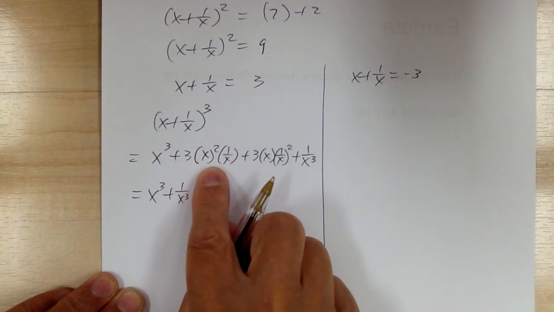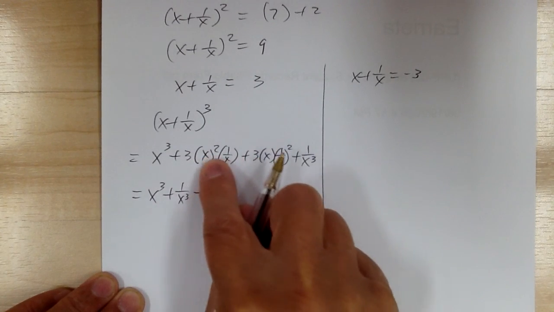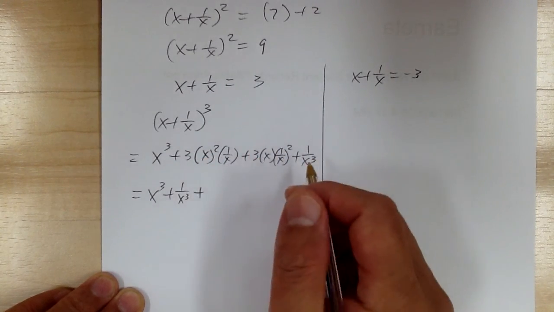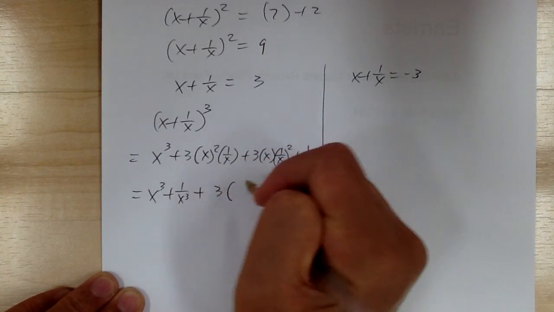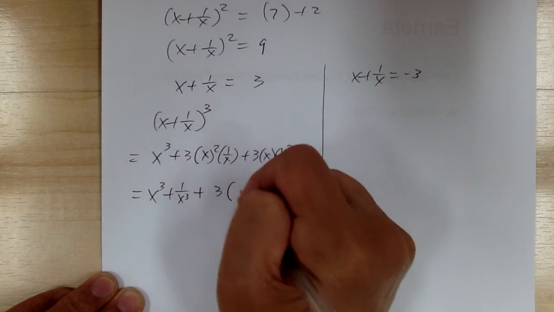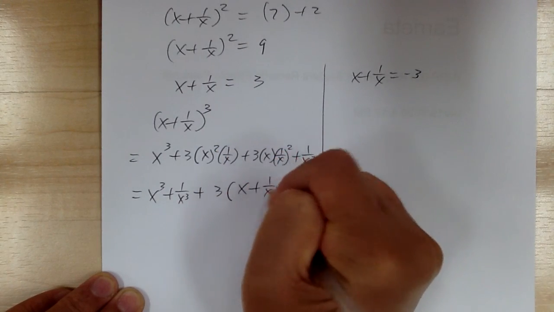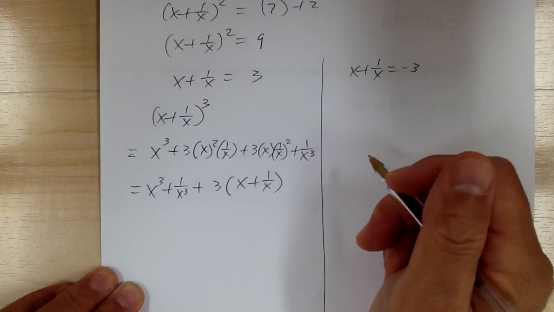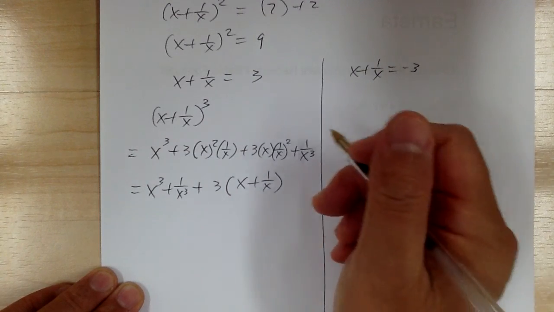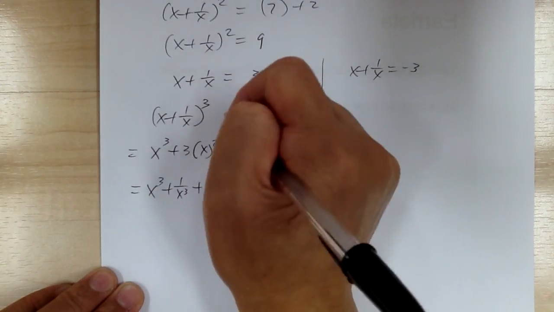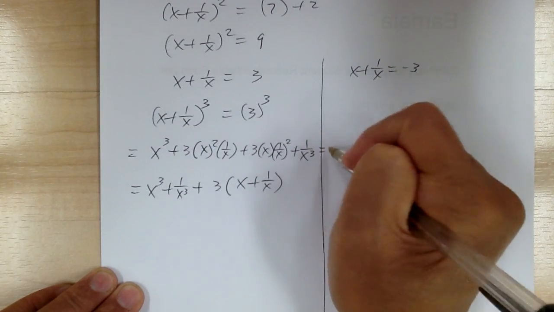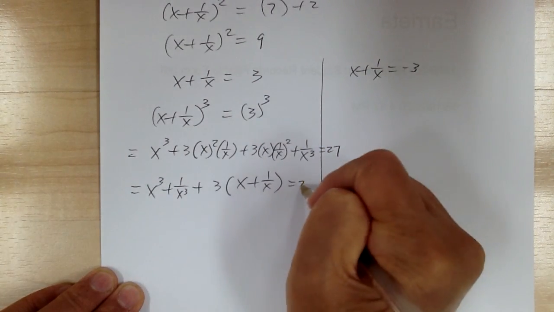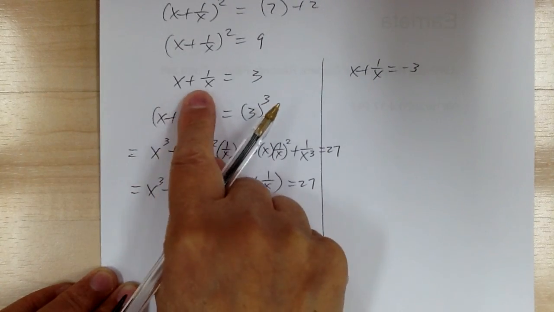One of these will cancel out, so you can factor out the 3, and this will give you x, and this will give you 1 over x. Okay. And we forgot this side. So it's equal to 3 cubed. So this is equal to 27. Okay. So start with that.